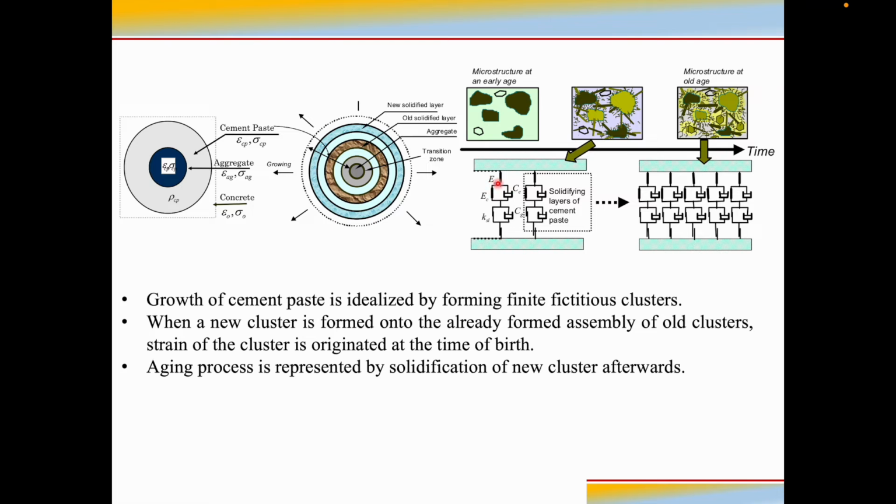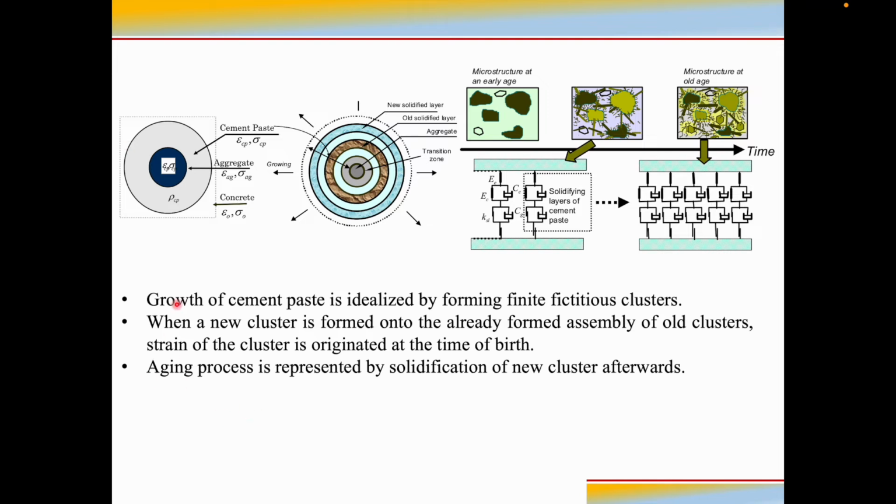Each material has its own stiffness and characteristics like E and C. At this time, for example, there are only 4 materials here, but when time keeps on going, many other microstructures start to occur.